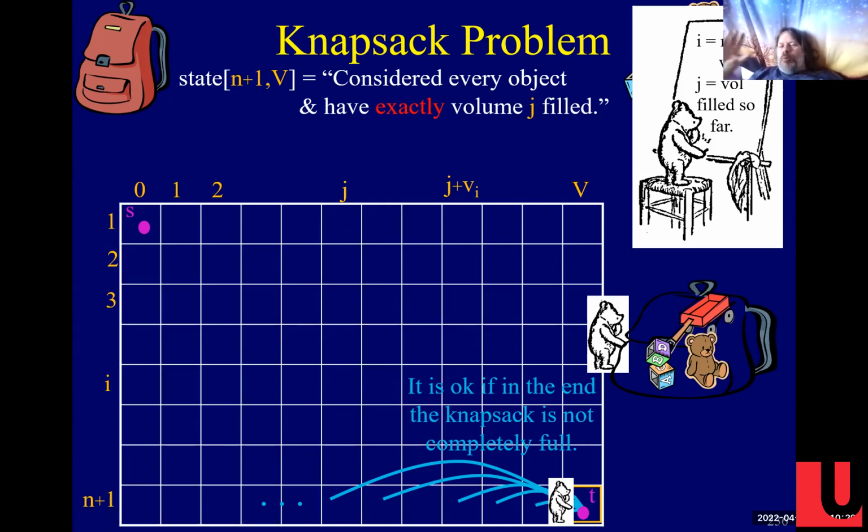Now we have a brand new problem, which is, how do I find the longest path from S to T? Because the longest path will put as much in my knapsack as possible. I haven't solved the problem, but I've changed the form of it into a form that we can understand in a different light. Does that make sense?